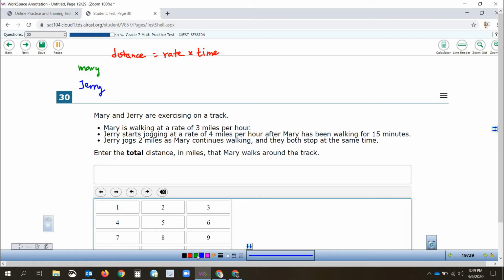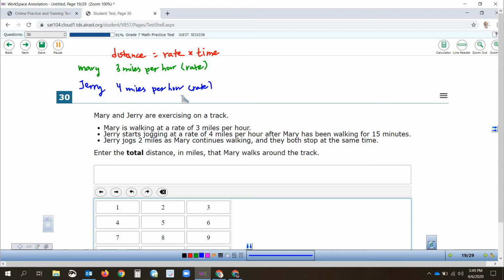Mary is walking at a rate of 3 miles per hour. That is her rate, 3 miles per hour. Jerry actually is not walking. He's jogging at a rate of 4 miles per hour. That is his rate.